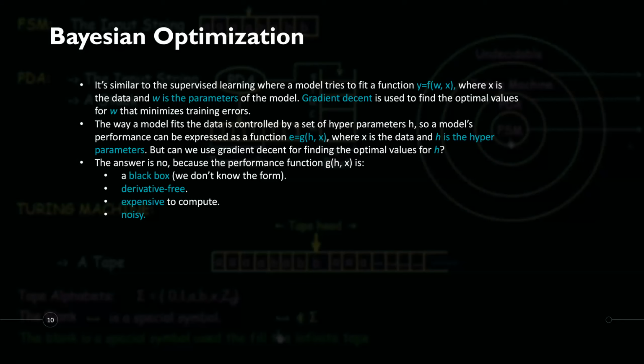So essentially, it's very expensive, and we don't have the luxury, like what we do for gradient descent, to compute the metric, the cost function, many times.